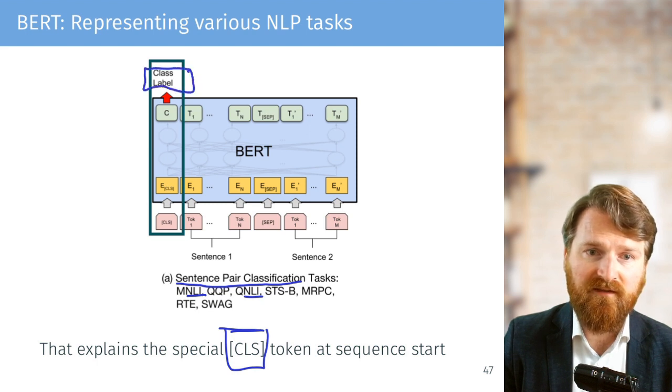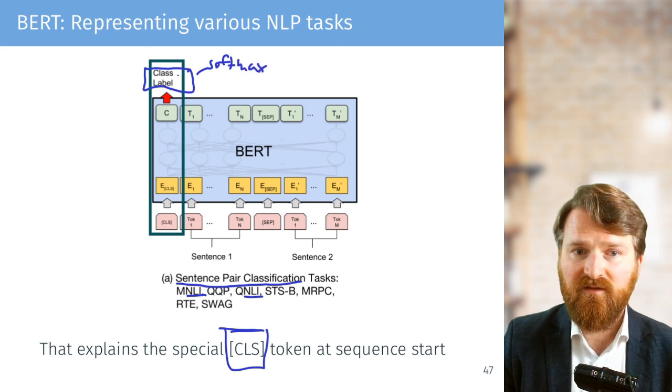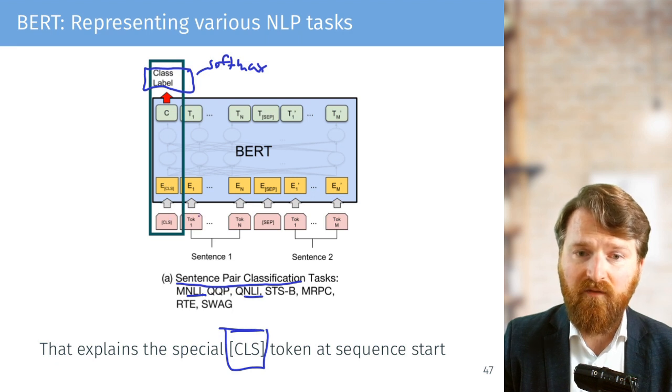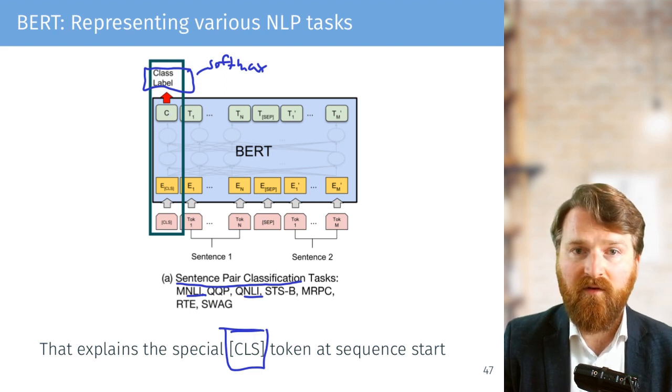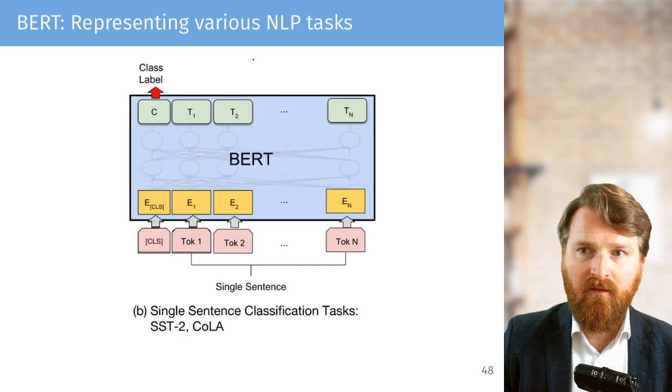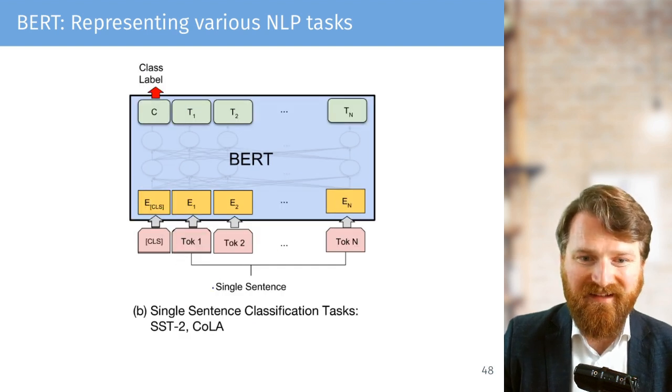So then we run some softmax on top of that. This will be our feature representation of both of these sentences, basically. It's propagated through the network up until this embedding, and we use softmax for classifying the two sentences.